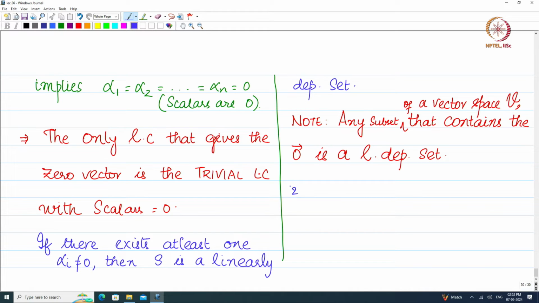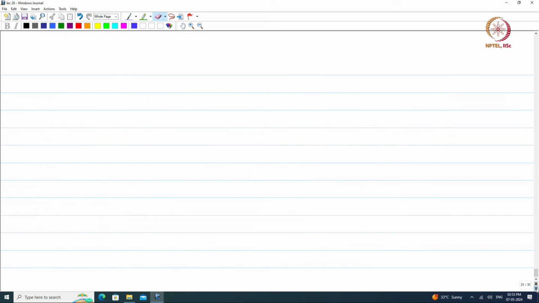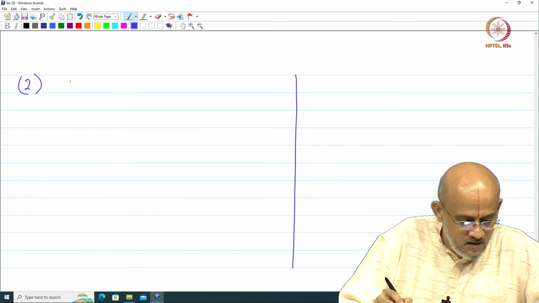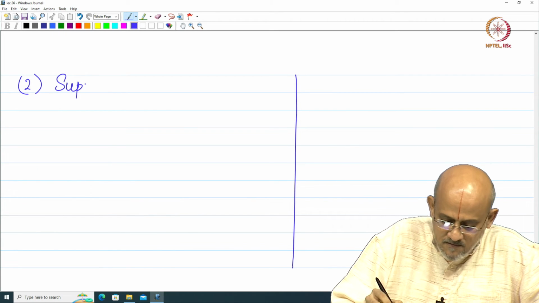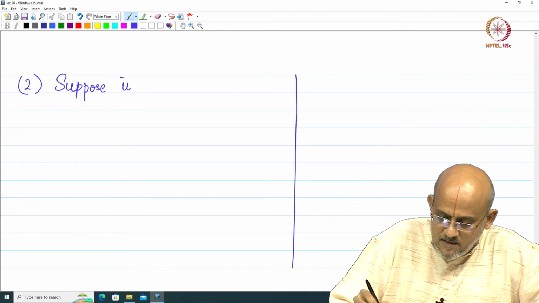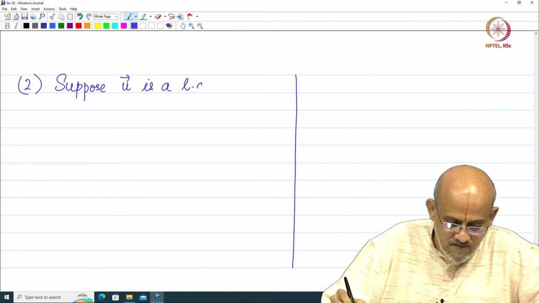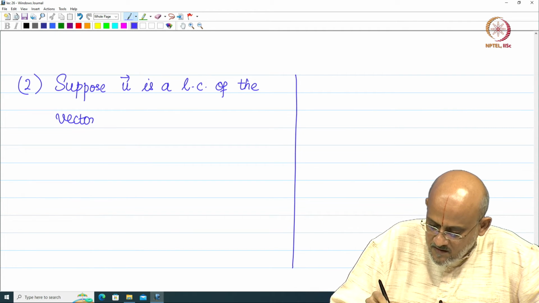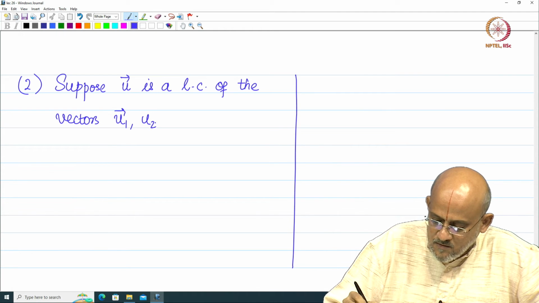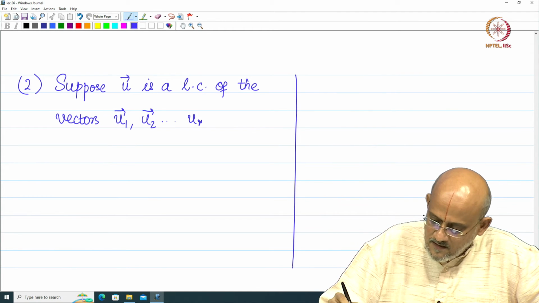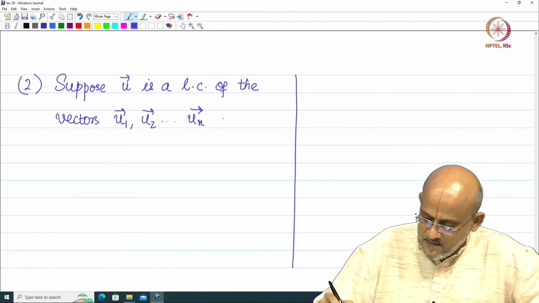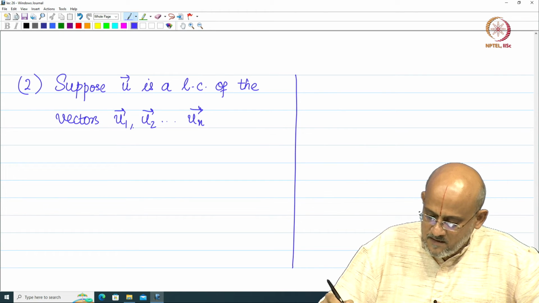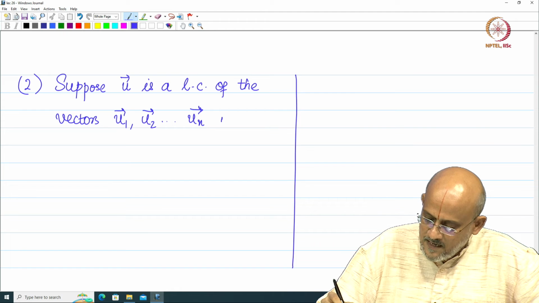Suppose the vector u is a linear combination of the vectors u1, u2, etc., un, where all these vectors are in Rn.